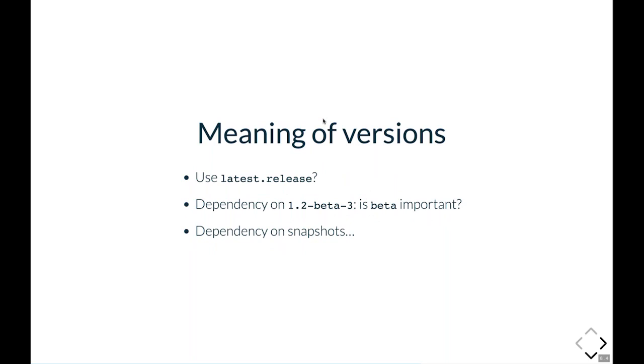In particular, when you see something like latest.release, or a dependency on 1.2 beta 3, is the beta actually something important? Can I upgrade to something which is a final? Probably, but this is obvious there. But there are many different notations, like the snapshot notation in Maven.